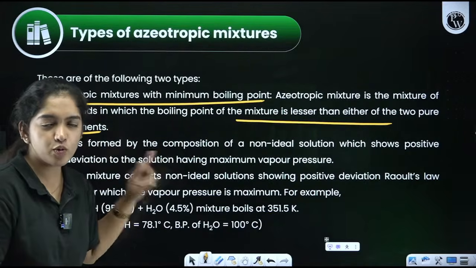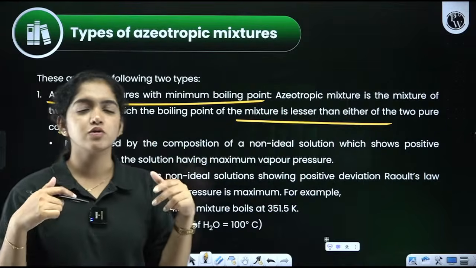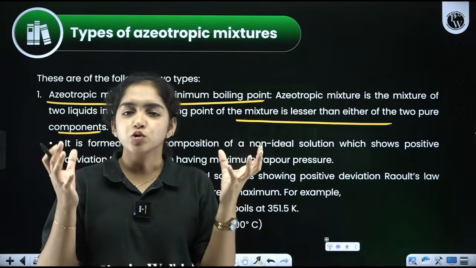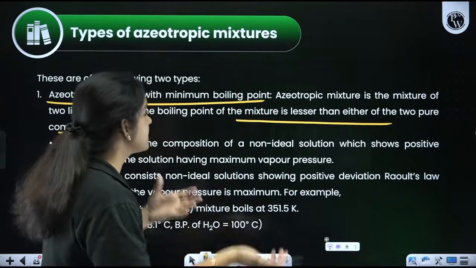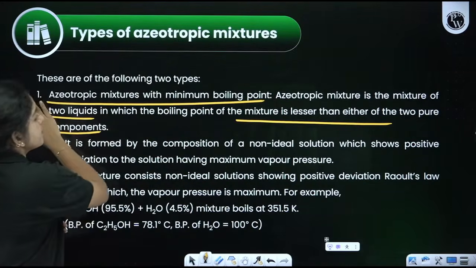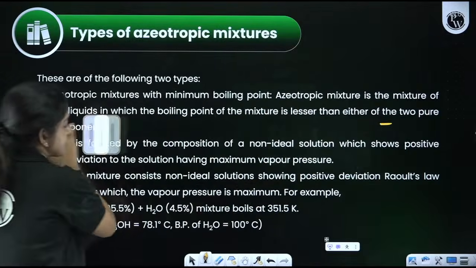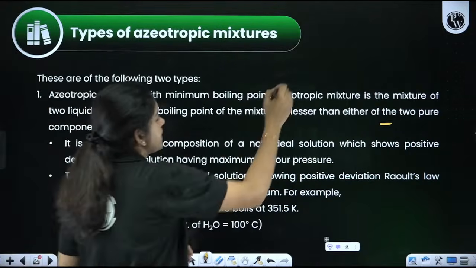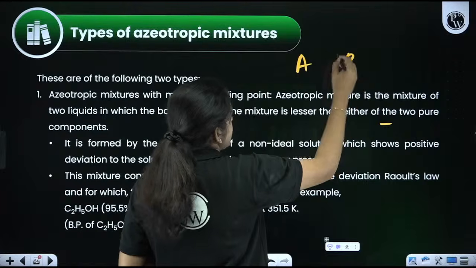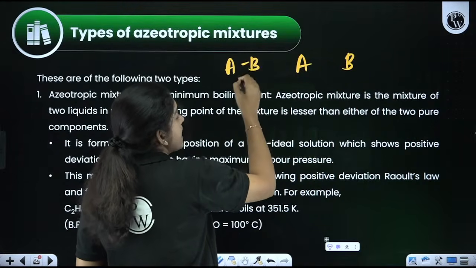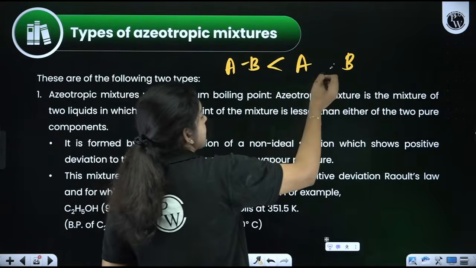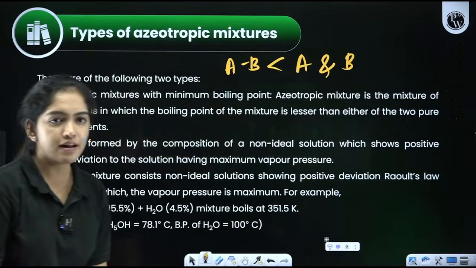If you are taking the two pure components and mixing them, it will form a solution, right? So after mixing the liquids, the boiling point of the mixture will be less than that of the pure components. For example, two beakers, component A is there, B is there. When we mix, it will form AB. AB boiling point will be less than A and B. Clear? Okay.